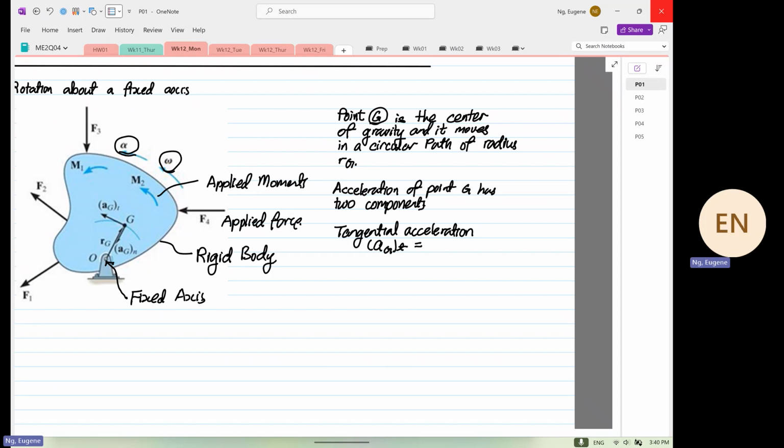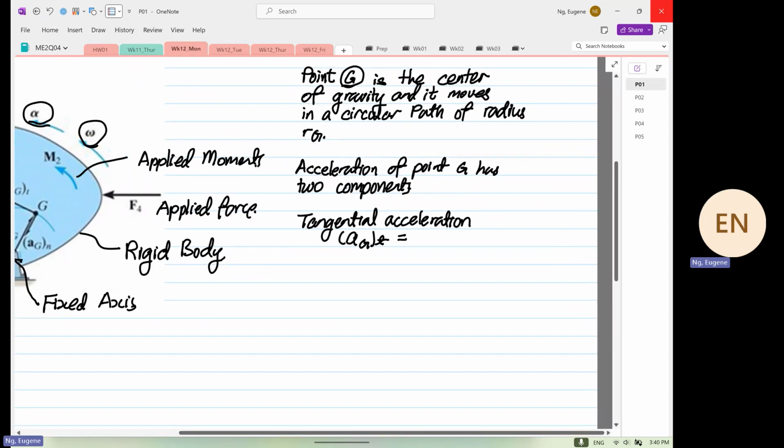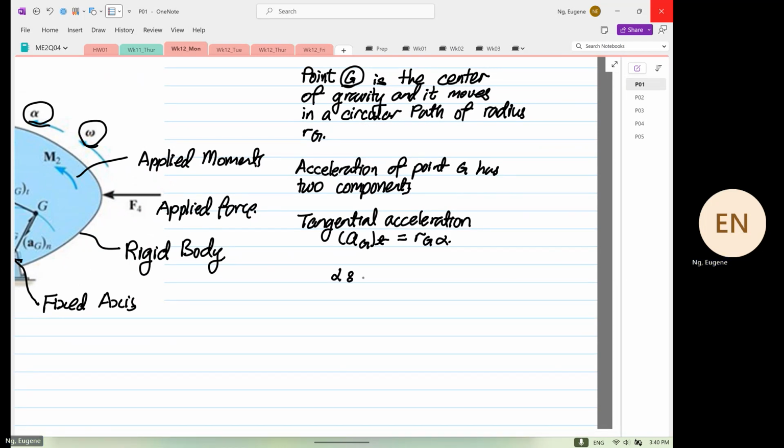Based on the topic we did before the term test, AGT is equal to RG alpha, where alpha is the angular acceleration.